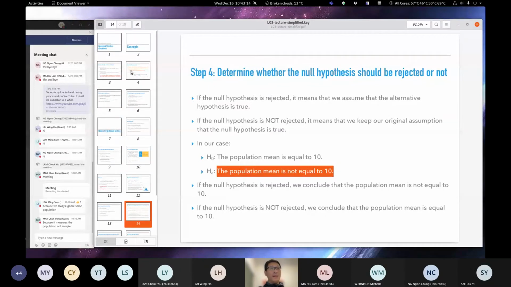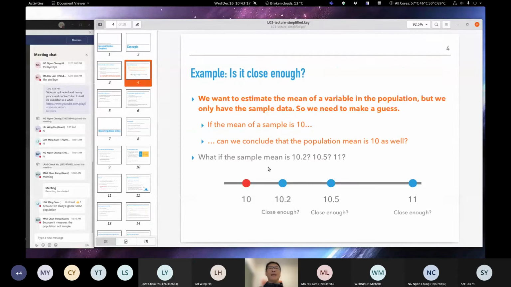Now, but look at this example in the beginning again. If I say that the sample mean is 10.2, and then I say that the population mean is not equal to 10, of course, I might be making a mistake. And if the sample mean is equal to 11, and I say that the population mean is not equal to 10, of course, again, I might be making a mistake. But you also know that if I am very far away from number 10 here, then the probability of making a mistake seems to be smaller because really the sample mean is quite far away from the population mean, so from the number 10.